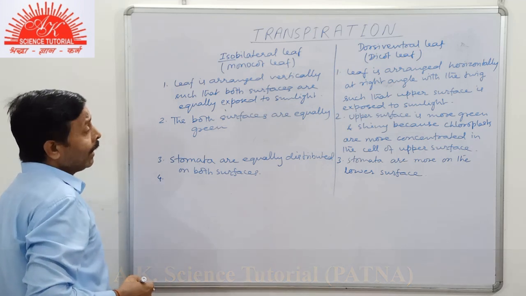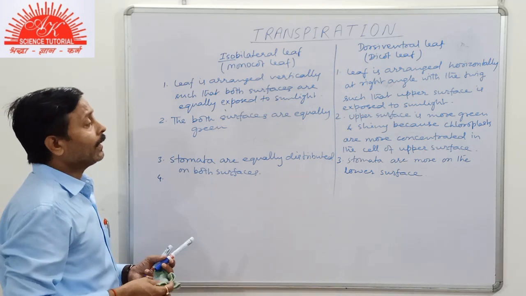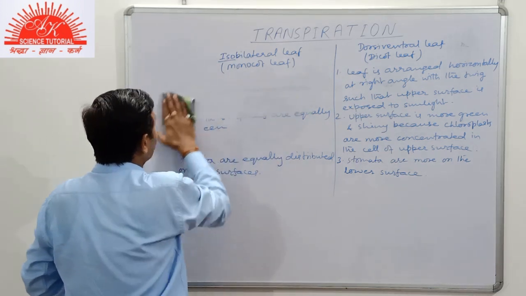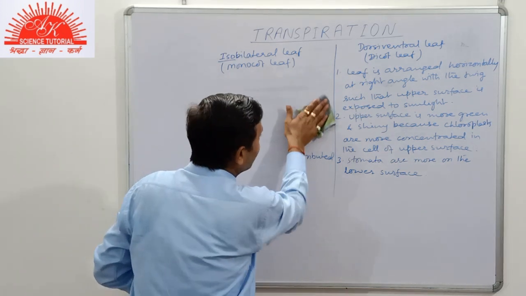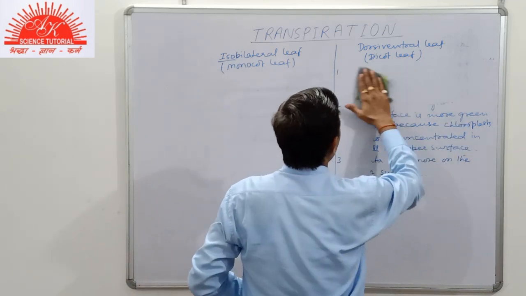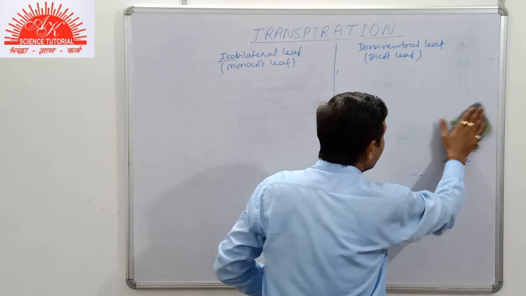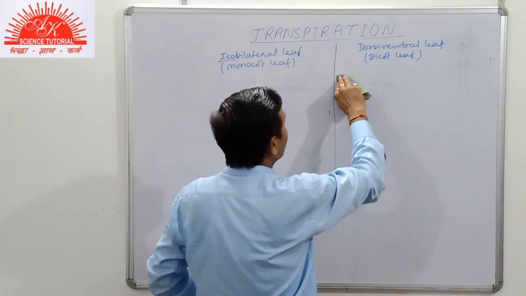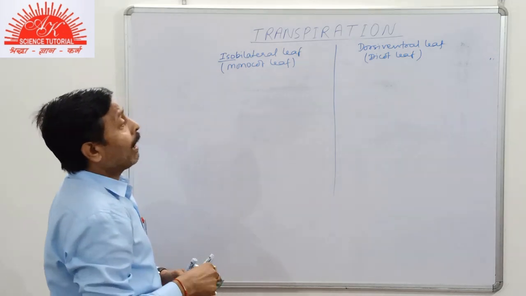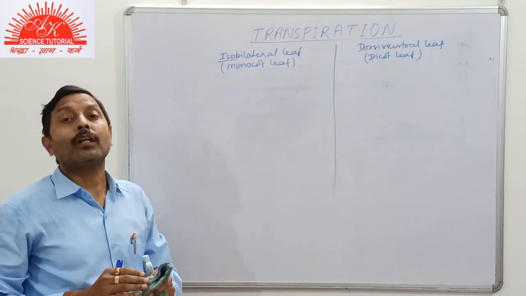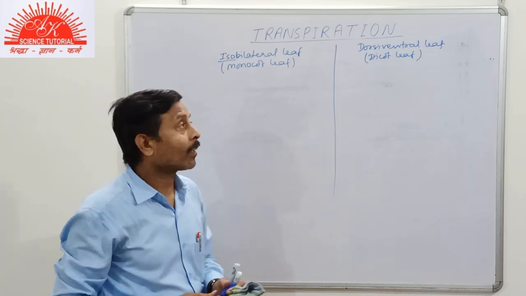Now students, we see here that in the case of a monocot plant or dicot plant, there are the upper and lower epidermis layers, and in between the epidermis layers the cells are called mesophyll cells.